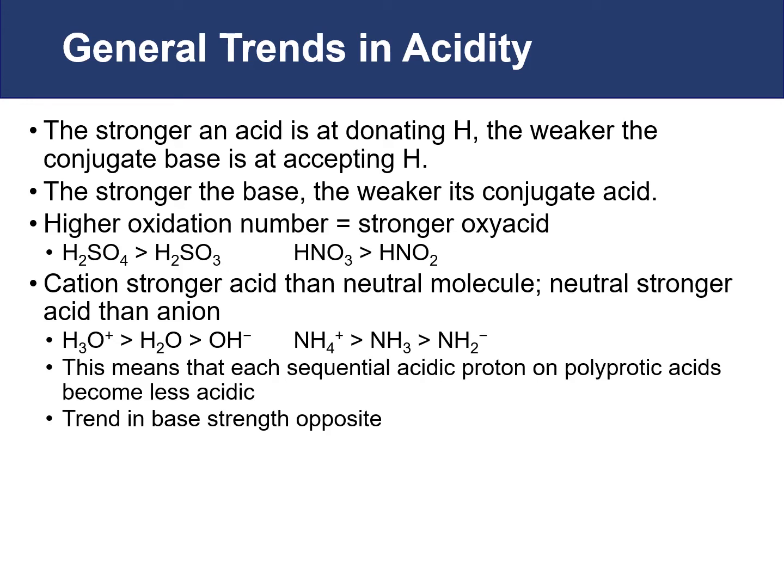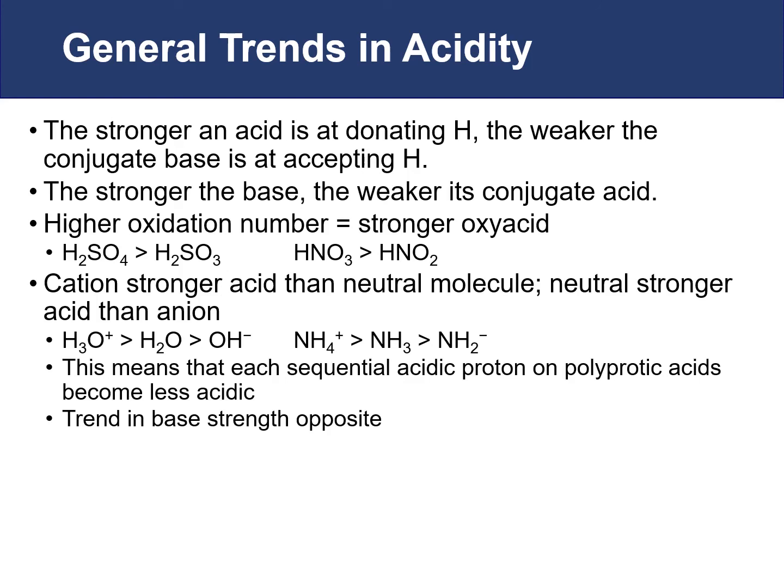The cations are stronger acids than neutral molecules, and neutral molecules are stronger acids than anions when all other things are the same. So if we look at the hydronium ion versus water versus the hydroxide ion, each one of those still has 1 or more hydrogens that could be theoretically donated, right?